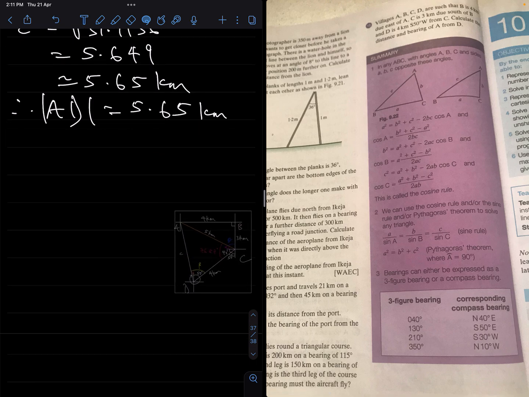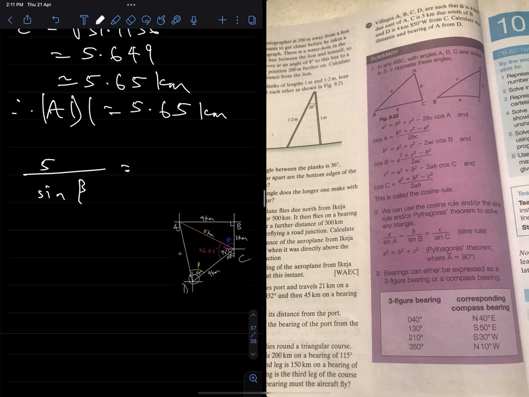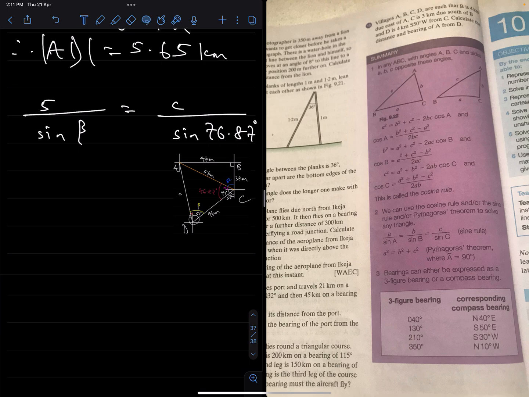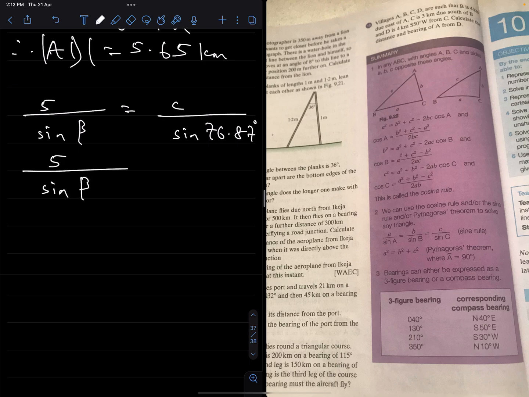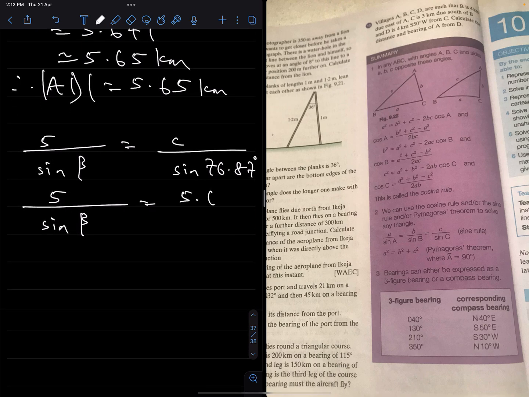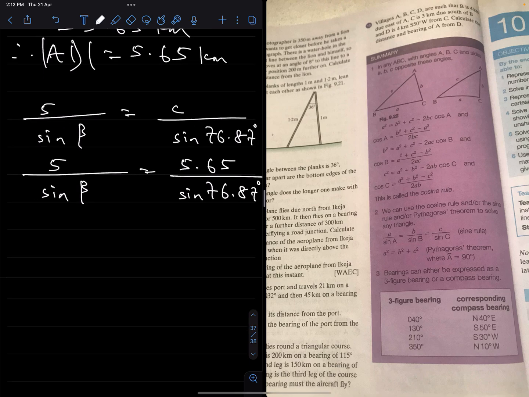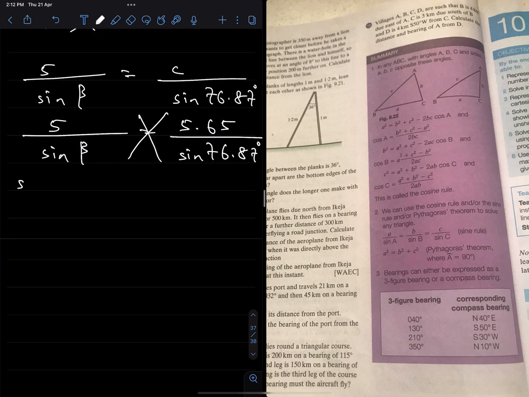So 5 over sine beta equals, what did I get as C? That's 5.65 over sine 76.87 degrees.